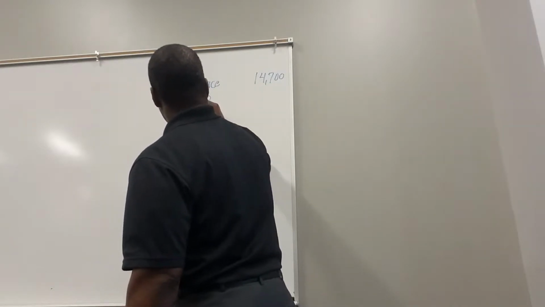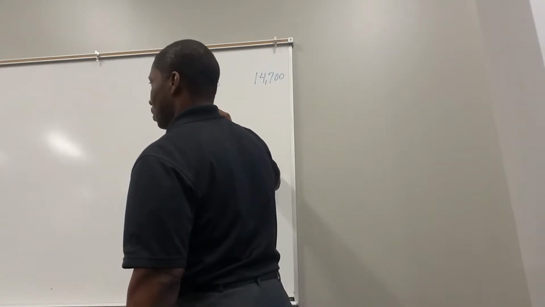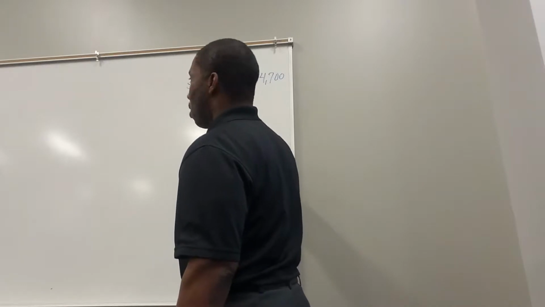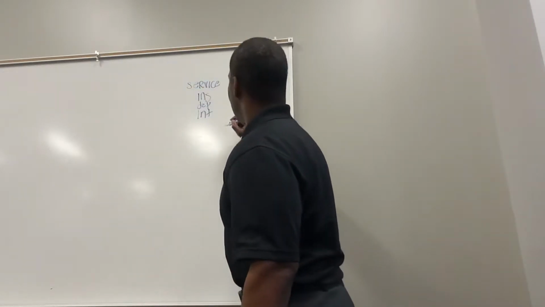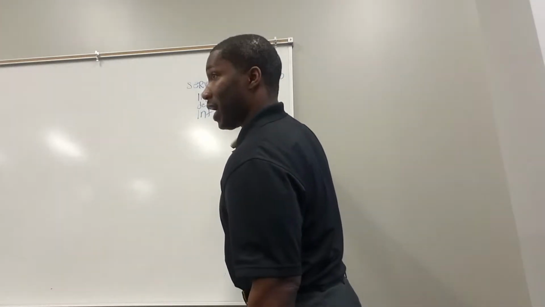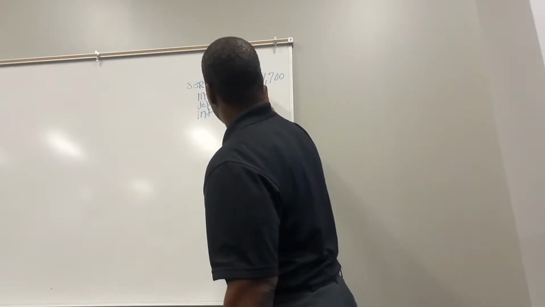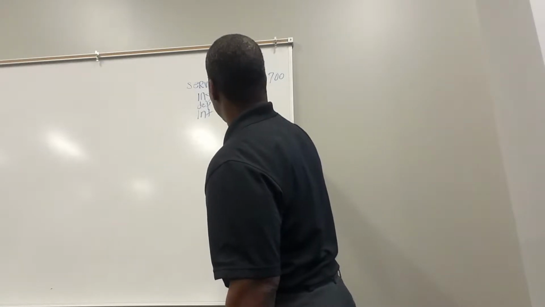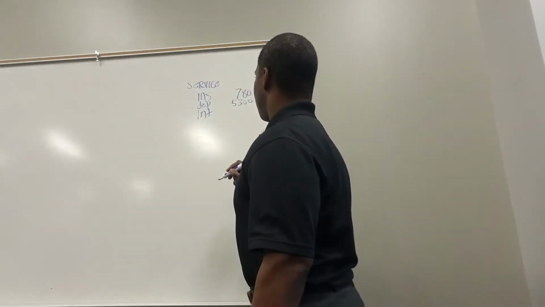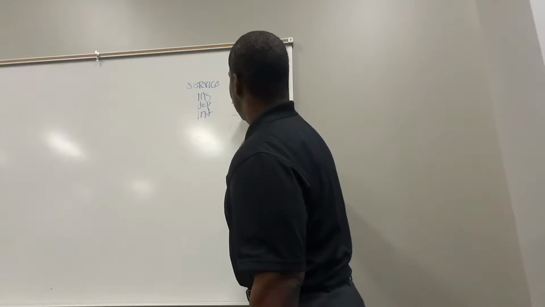Depreciation. Interest. Okay, what are my amounts there? Insurance expense is 780. Okay. Depreciation is 5,300. And interest expense is 2,600.